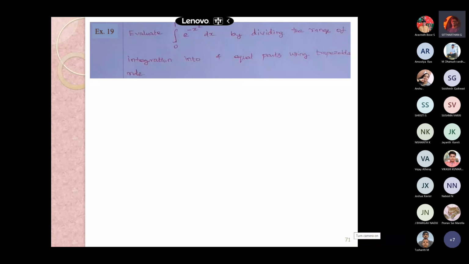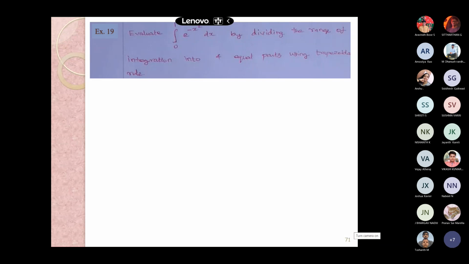Just a minute. 0, 1. 0.7468. Very good. 0.7468. That is the result. Anyway, we'll try with the trapezoidal rule.